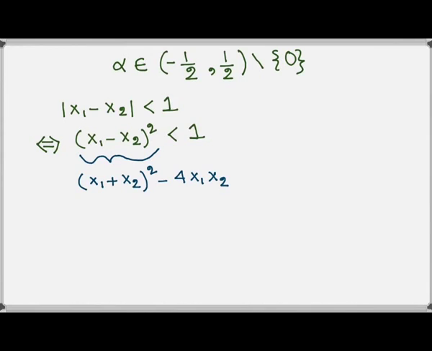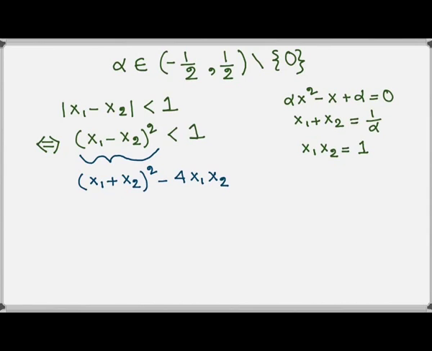Recall that our equation is alpha x square minus x plus alpha is equal to 0. Therefore, x1 plus x2 is equal to 1 by alpha, and x1 into x2 is equal to alpha into 1 by alpha, which is 1.